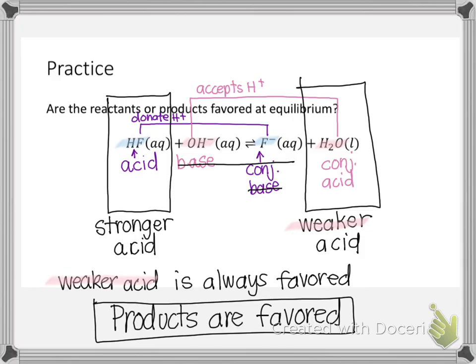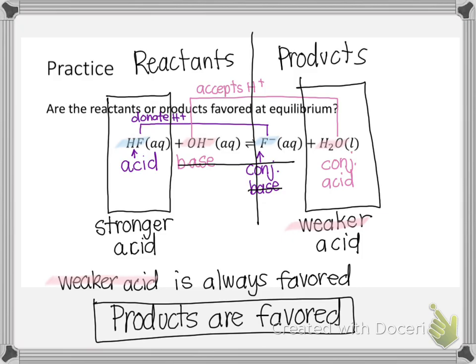And remember, here in our reaction, here's the arrow, so the reactants are always on the left and the products are always on the right. And that's how you answer this question.